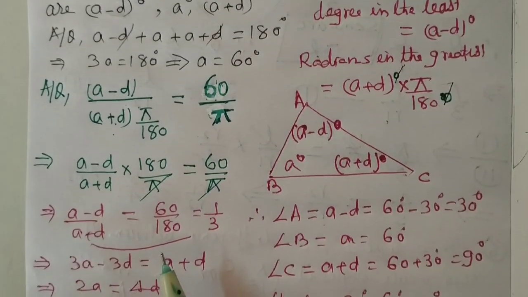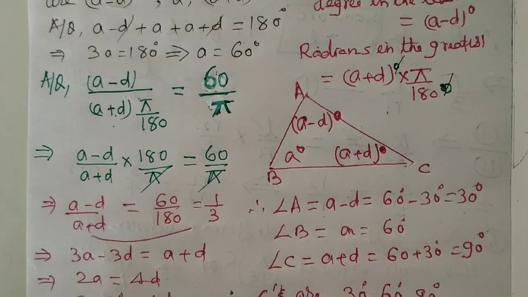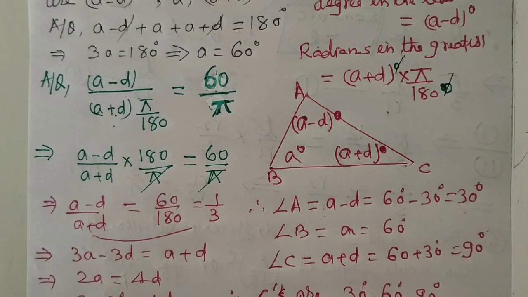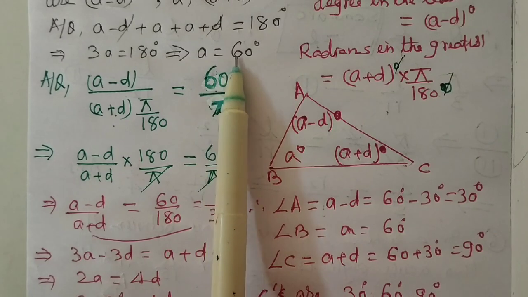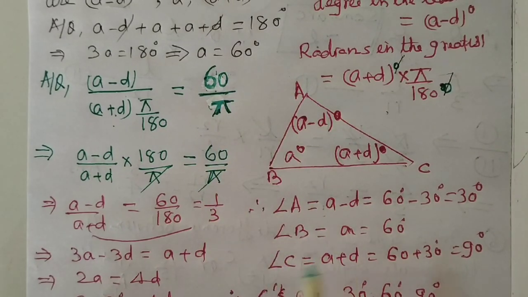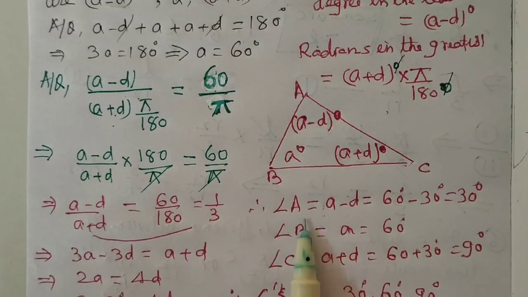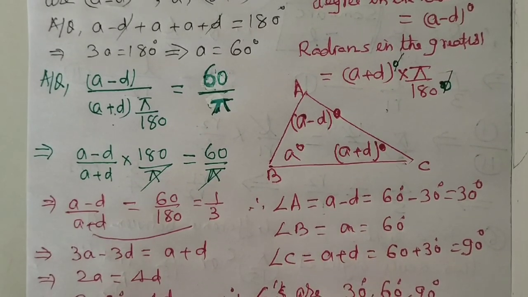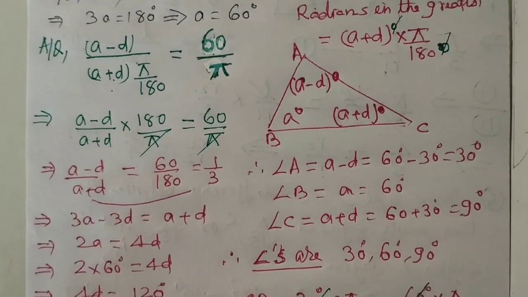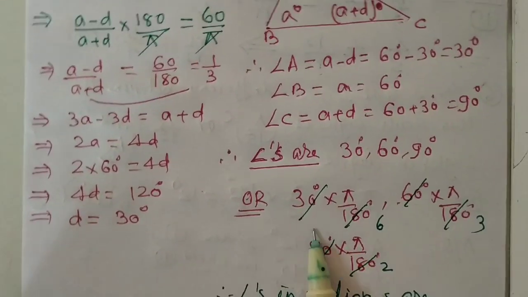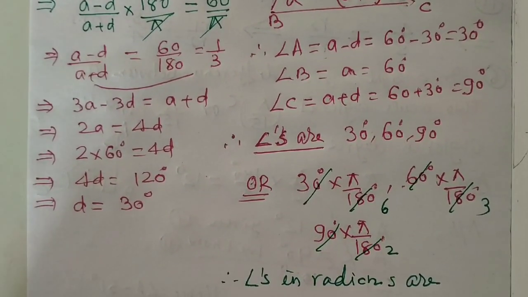Now cross multiplication gives D is equal to 30. In between we have substituted A is equal to 60 degree, already calculated from here. So we have got the angles in degree. The first angle is A minus D, second angle is A, third angle is A plus D. Now the angles in degree are these, and you can convert the angles to radian. That's all.